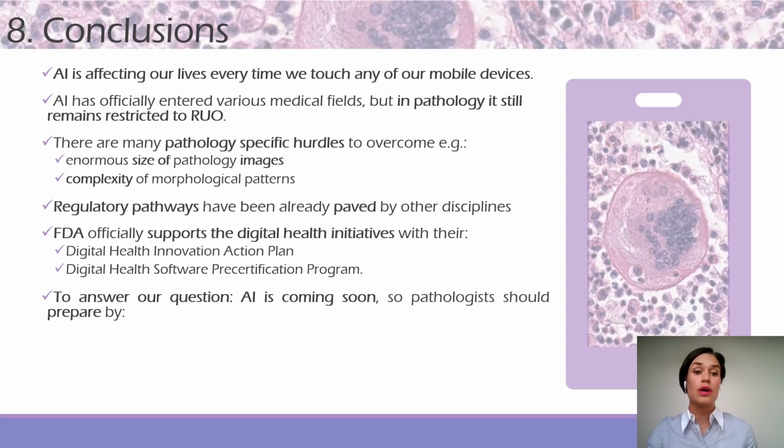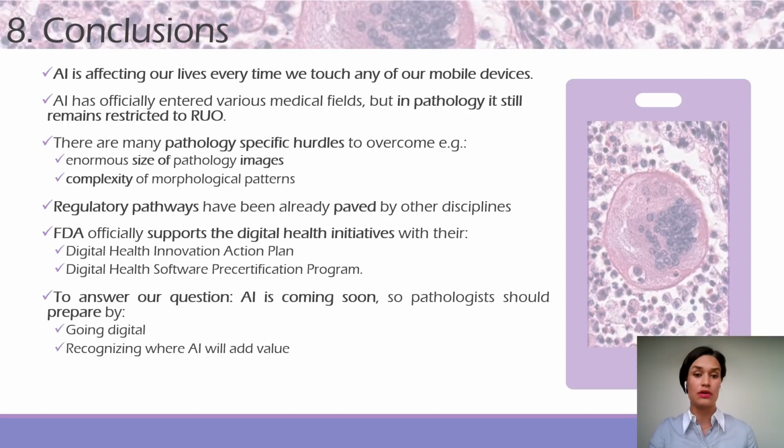So to answer the question that we asked at the beginning, is it gonna happen? Yes, it's gonna happen soon. AI is coming soon. We're not quite there yet, but it's coming soon. So pathologists should prepare. They can prepare by going digital in their labs, by recognizing where AI will add value. So it may not add value to every step of the pathology workflow.